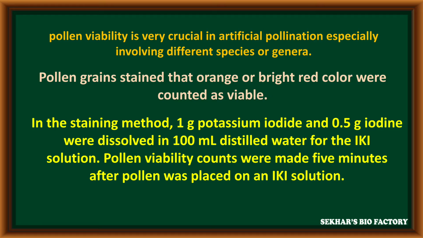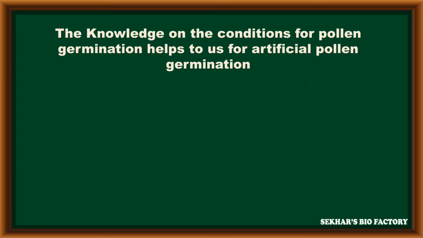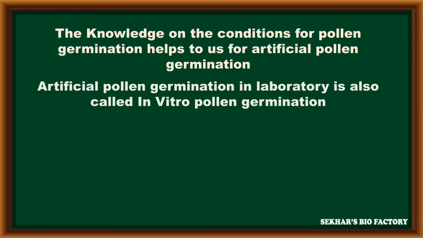The pollen viability count is made within 5 minutes after the pollen is placed in the IKI solution. The knowledge of these surrounding conditions and suitable conditions for pollen germination helps in artificial pollination and artificial pollen germination programs.